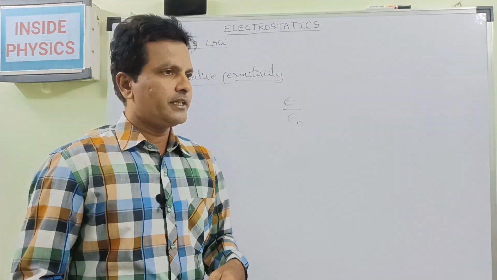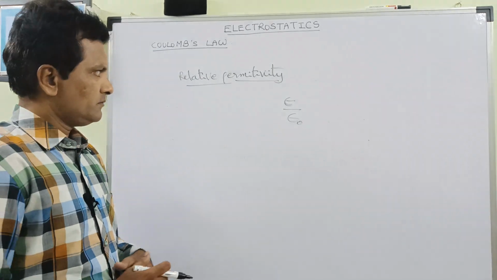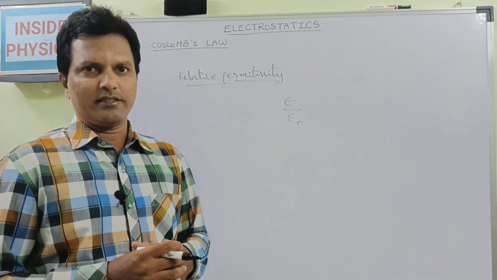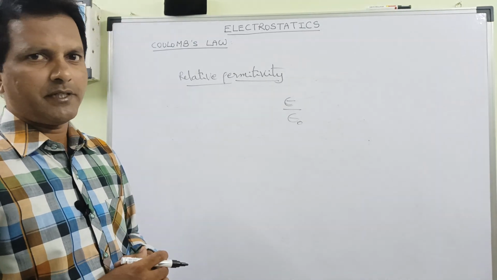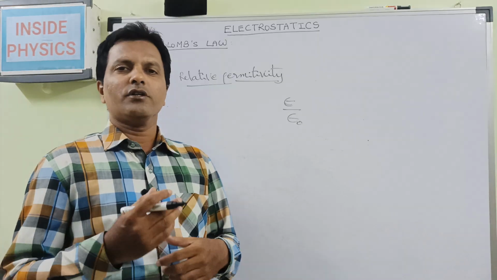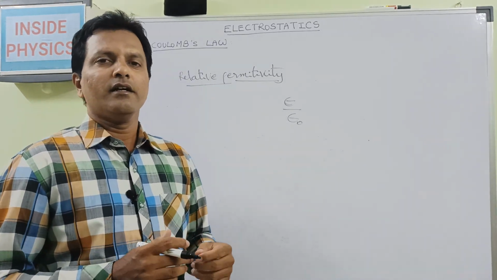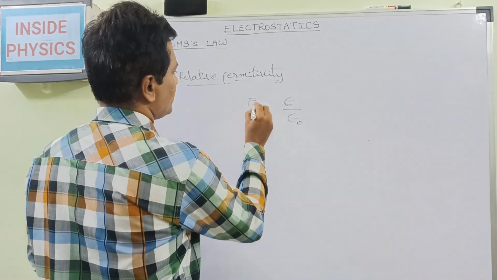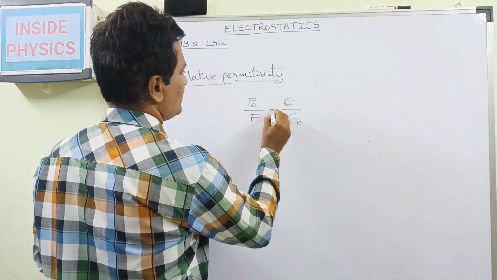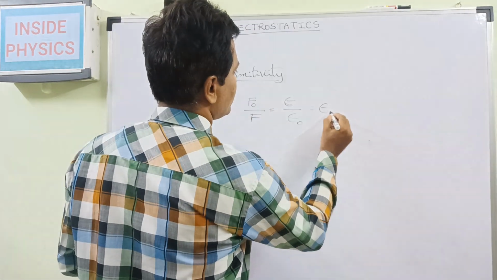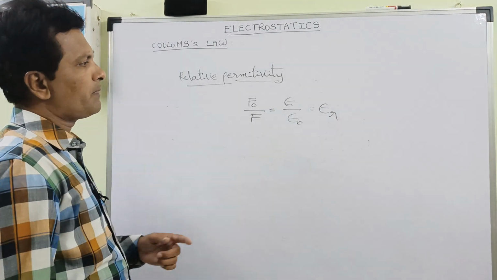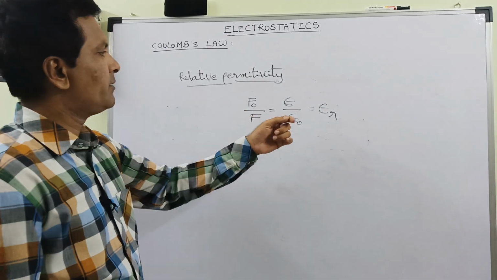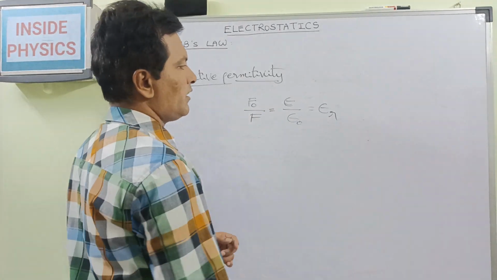And relative permittivity can also be stated as the ratio of the force of attraction or repulsion between two charges in air or free space to the force of attraction or repulsion between the two charges in any medium. That means it can also be written as F naught by F is equal to epsilon R. That means relative permittivity of a medium is denoted by epsilon R.